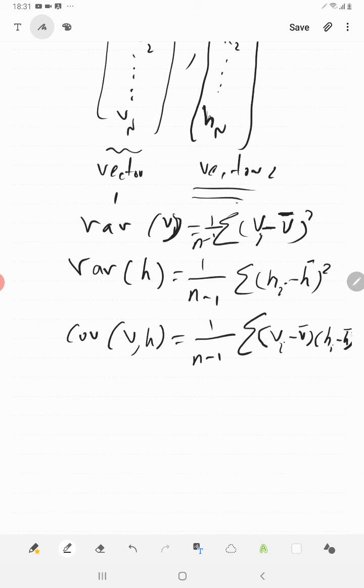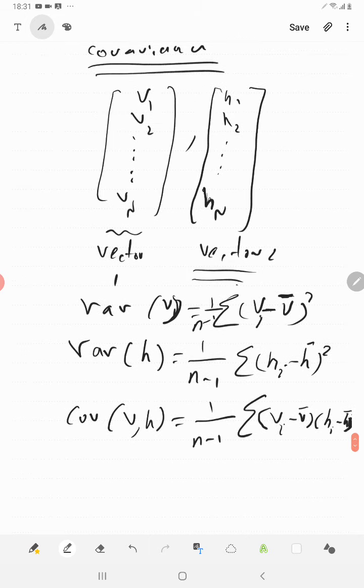This will give you the covariance. It will be a matrix of M by M. In this example here, it will give you a 2 by 2 matrix.